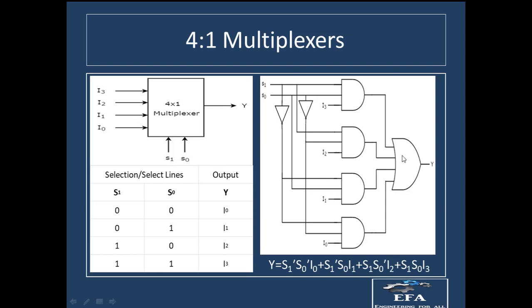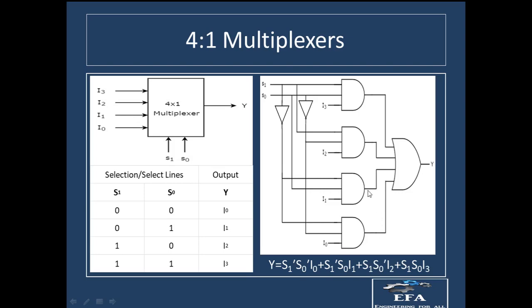When you talk about this circuit diagram, this is the first AND gate, into which I naught is going, and along with this I naught we are also giving the S naught and S1 complements, going into this AND gate. So ultimately we will be having S1 complement, S naught complement and I naught.